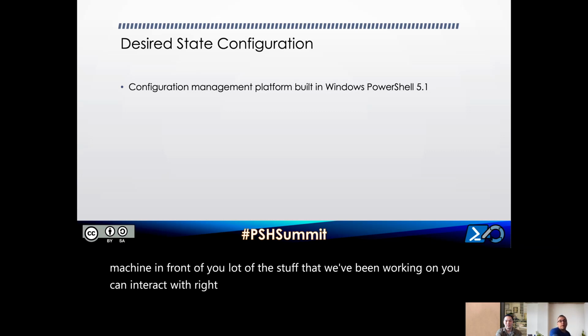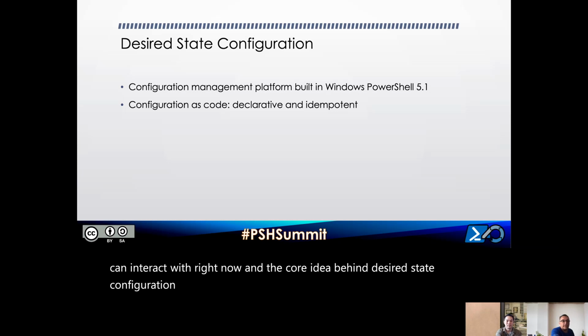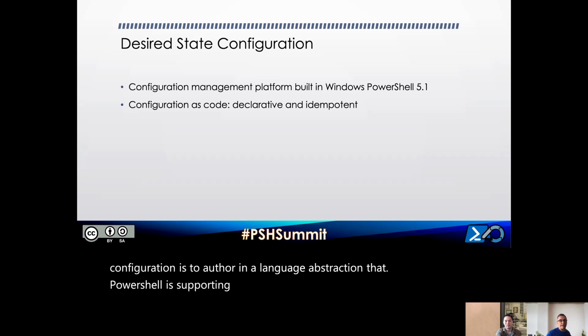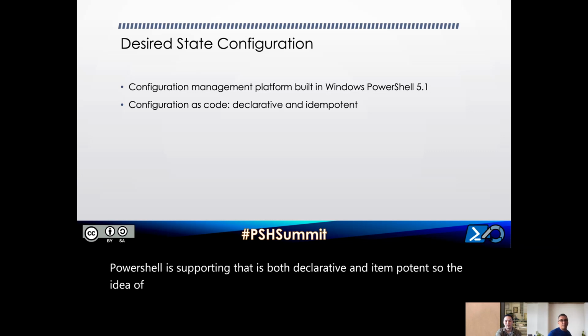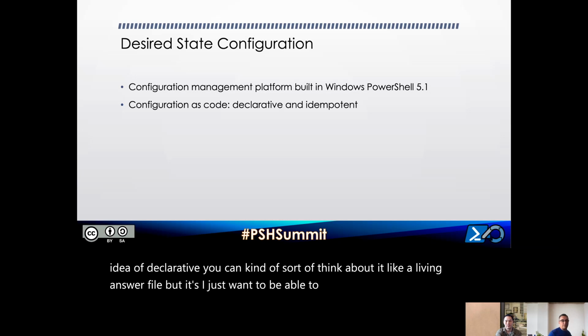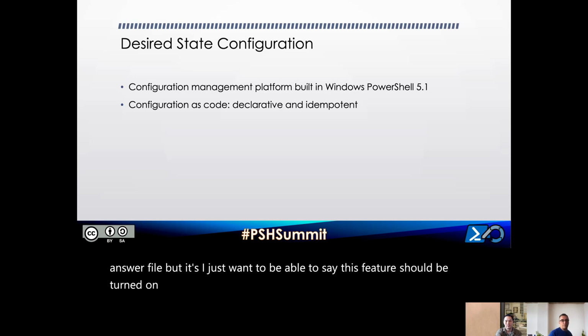And the core idea behind desired state configuration is to author in a language abstraction that PowerShell is supporting that is both declarative and idempotent. So the idea of declarative, you can sort of think about it like a living answer file, but I just want to be able to say this feature should be turned on, or this service should be running, or this account should be enabled.